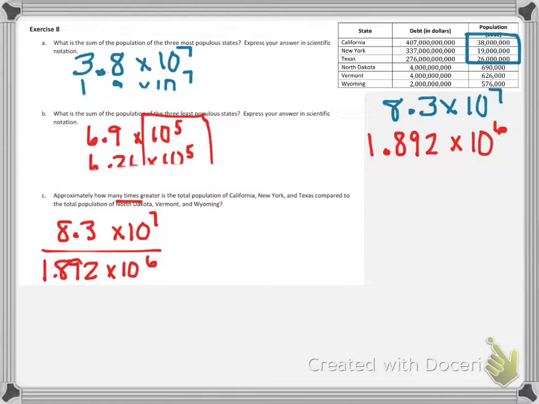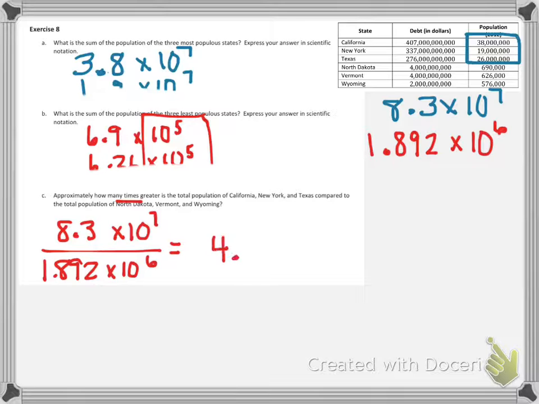And right now I can't do anything because the powers aren't the same. But actually when we're dividing, we don't need to worry about that, so I can just go ahead and do the division. 8.3 divided by 1.892 is approximately 4.39.